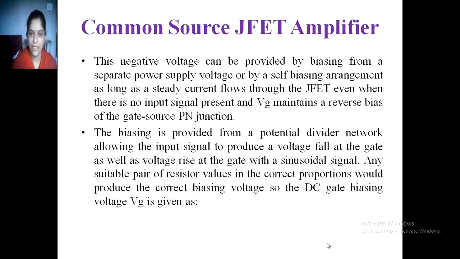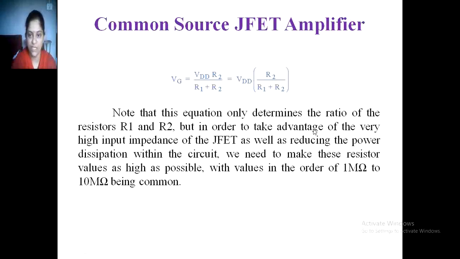The negative voltage can be provided by the self-biasing arrangement. With no signal present, VG maintains the reverse bias of the gate to source PN junction. Biasing is provided from the potential divider, giving a voltage fall and a voltage rise at the gate with a sinusoidal signal, using any suitable pair of resistor values. So VG is expressed in terms of this.